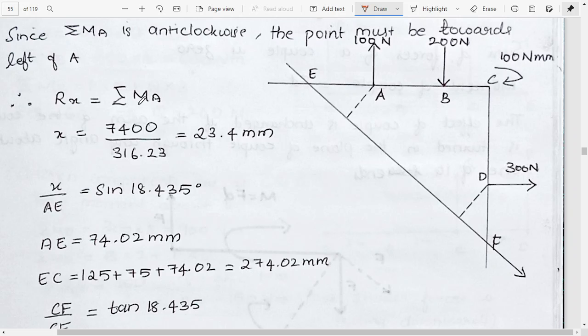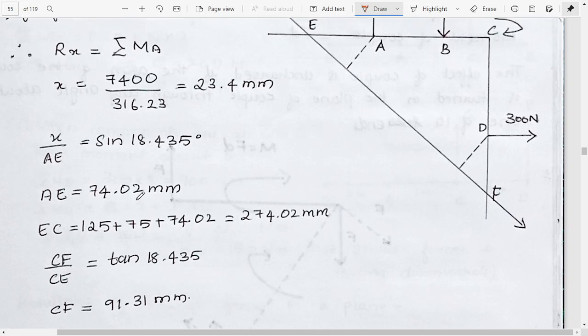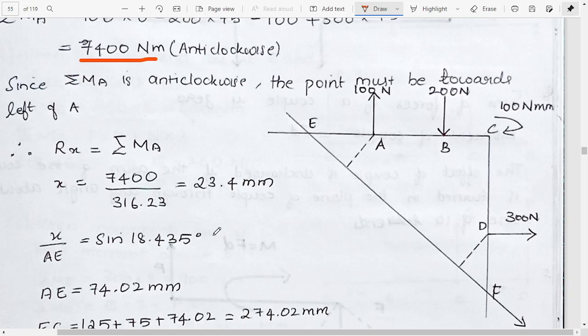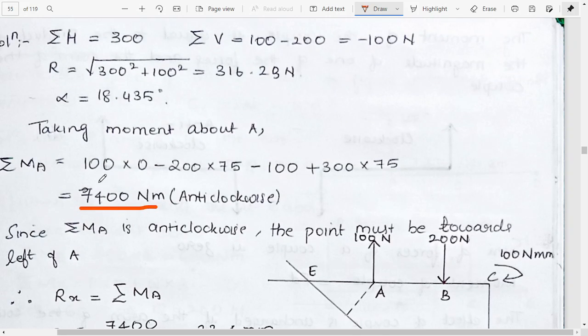Then Rx is equal to summation of MA. From that we'll get x is equal to 23.44. Then we can find the value of angles A. The basic thing is that please don't get confused with these signs.